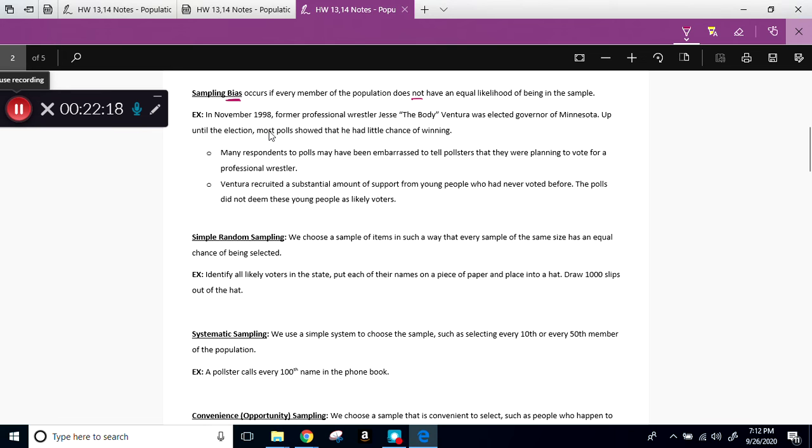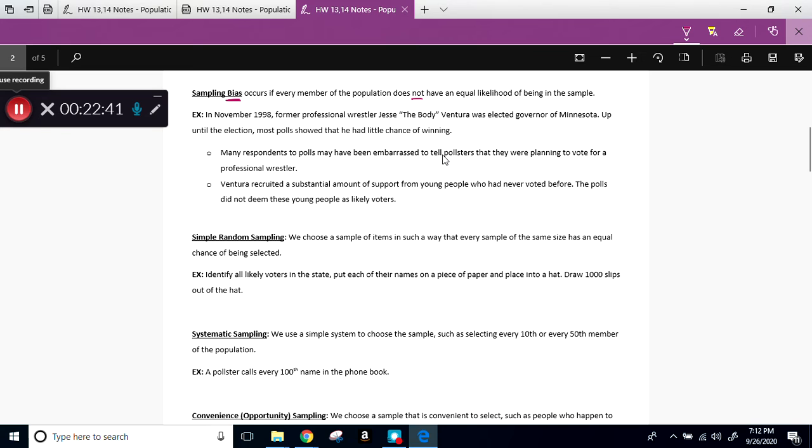In November 1998, former professional wrestler Jesse "the Body" Ventura was elected governor of Minnesota. Up until the election, most polls showed he had no chance of winning. And that happens a lot. That actually happened in the last presidential election.